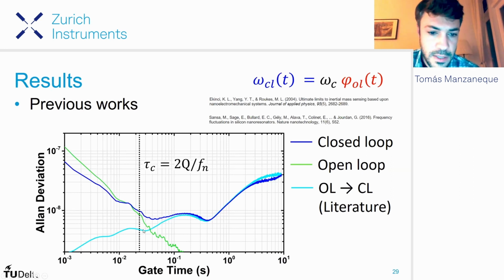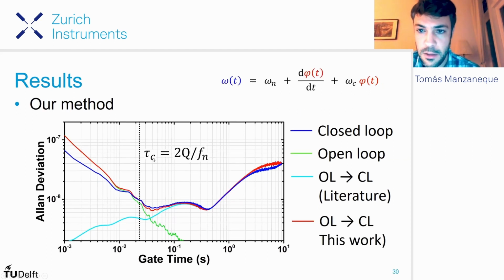You can see that this method is actually valid for long gate times above the decay time of the resonator. But with our method that includes the proportional term, but also the derivative term, we can, from the open loop, predict the closed loop Allan deviation. This is the prediction from the method here in red. And you see that it agrees quite well with the directly measured closed loop Allan deviation.